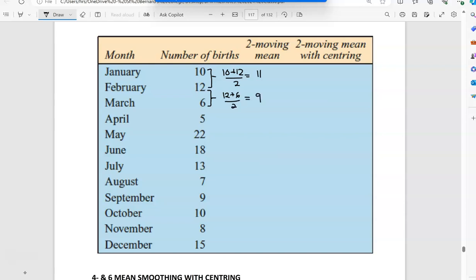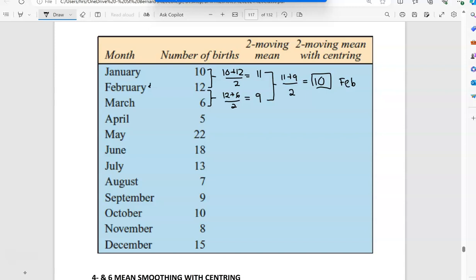And then the centering part is you add those two, 11 plus 9 divided by 2, and it equals 10. Now, the first one, 10, is for February. If we were graphing that, January will get lost because we're doing two mean. There's no data before January. So we would start there, and you would keep on going.